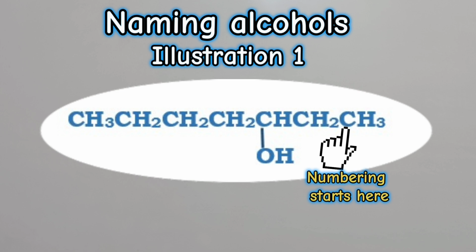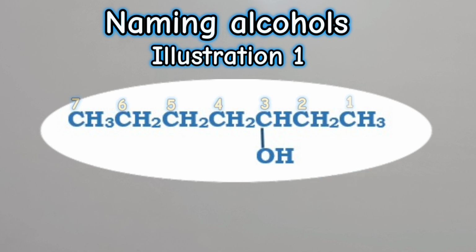It's because the right hand side of the chain is closest to the OH group as compared to the left hand side of the chain. Therefore, after numbering the carbon chain, we obtain that the functional group, the OH group, is on position number 3, and the total number of carbon atoms in the chain is 7.